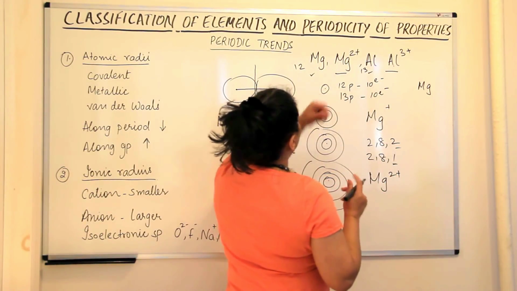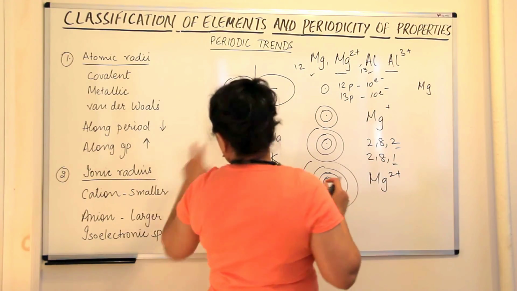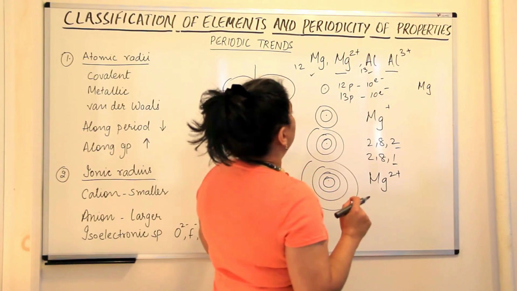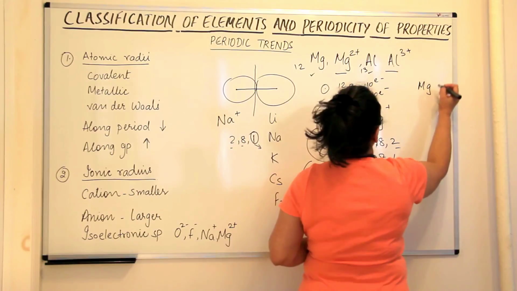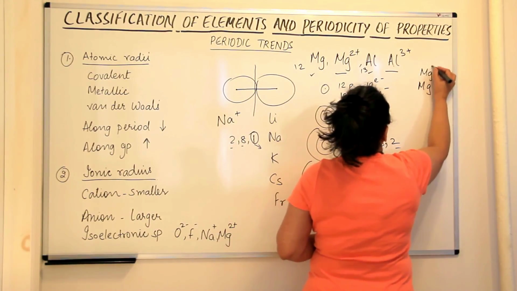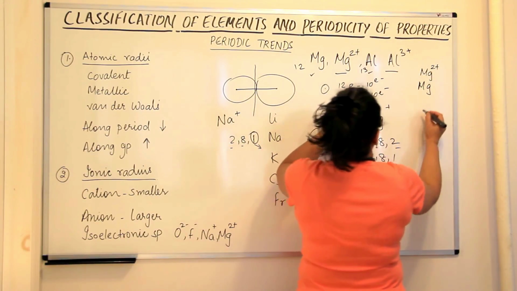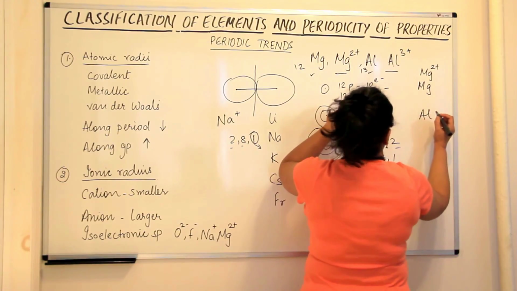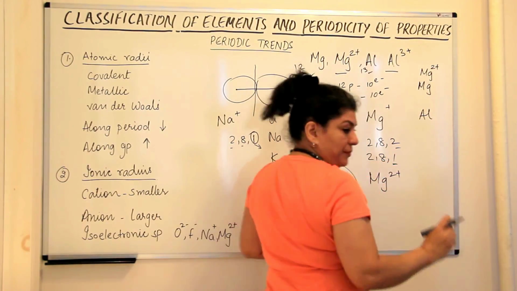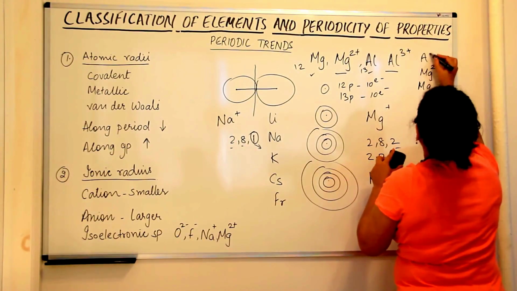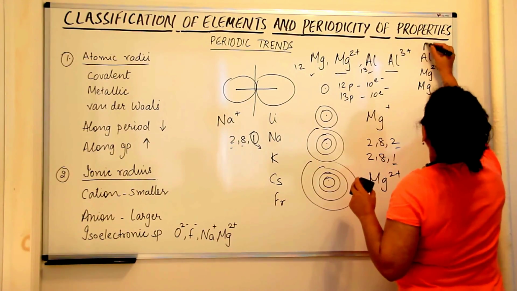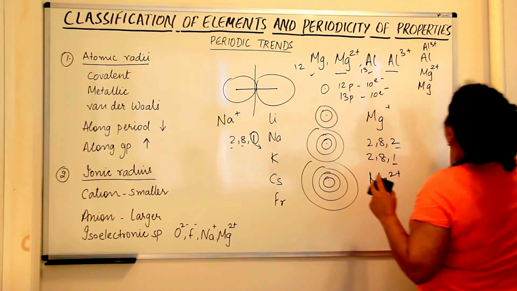And out of these two, cations are always smaller than the original atom. So Mg2+ would be smaller than Mg, and aluminum, which is smaller than magnesium, would be even above this. So aluminum is here, it is even smaller, and Al3+ is even smaller than aluminum.